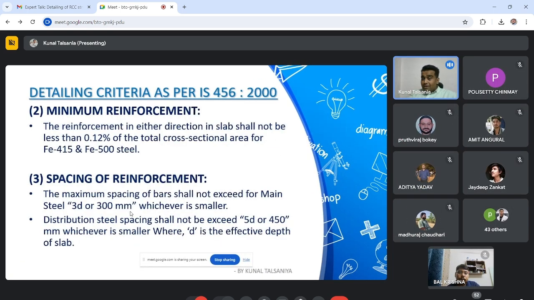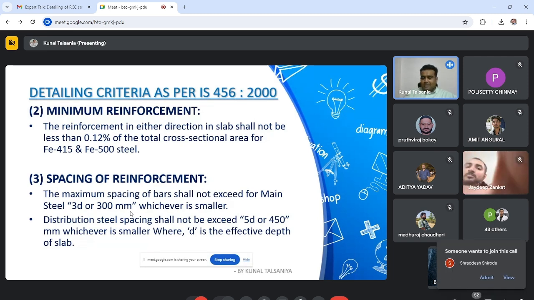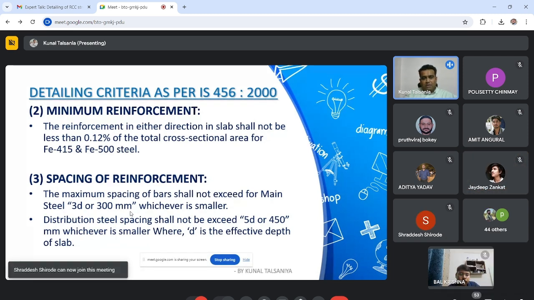Detailing criteria for slab as per IS 456. What detailing criteria do you have to keep in mind while detailing the slab? First is minimum reinforcement. Minimum reinforcement in slab is 0.12% of total cross-sectional area. For example, if your slab thickness is 150 mm, then you just take 0.12% of 150 to get the required area in mm square.